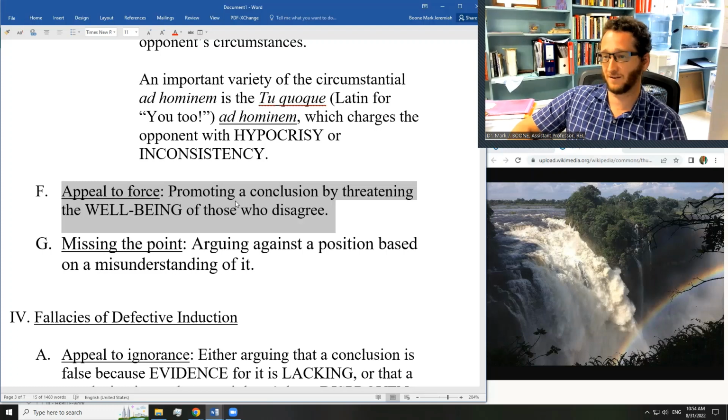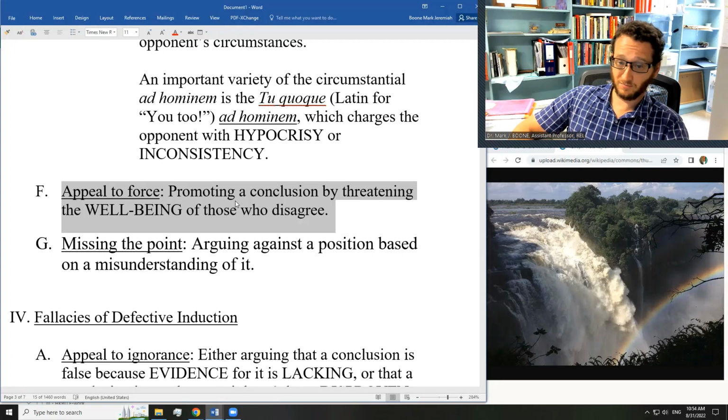That in itself does not even hint of a fallacy. Don't break the law because you might get caught and punished. That's not a fallacy at all. But it is an appeal to force. It's threatening your well-being, or at least warning you of threats to your well-being. That's not fallacious as such.